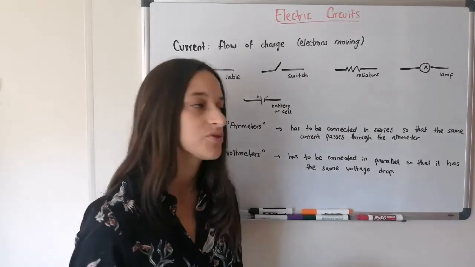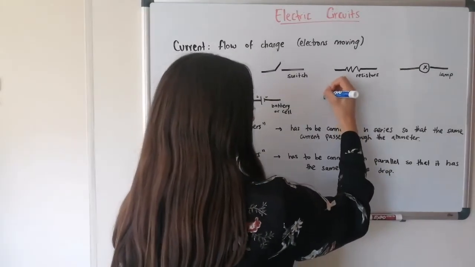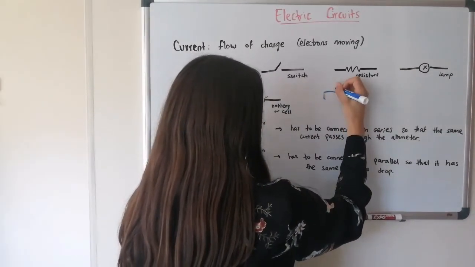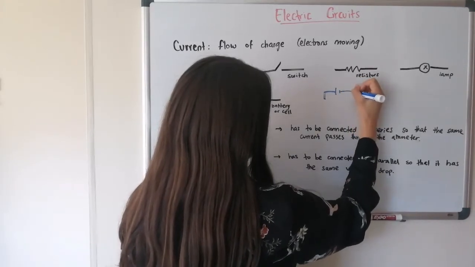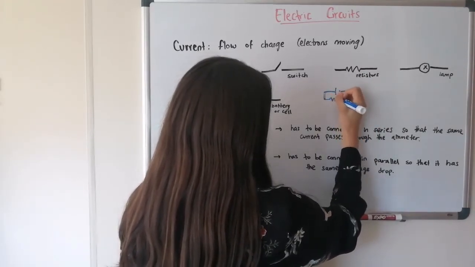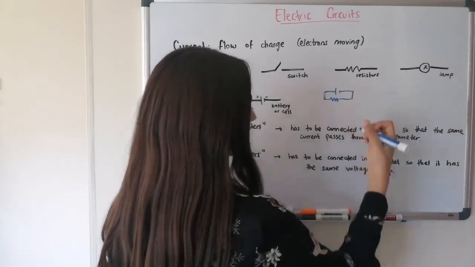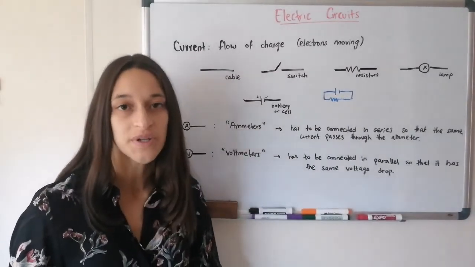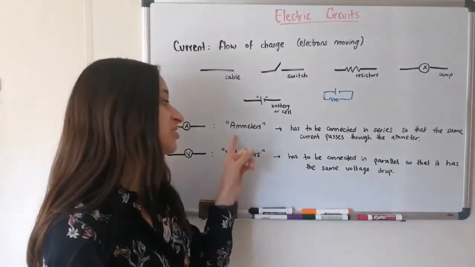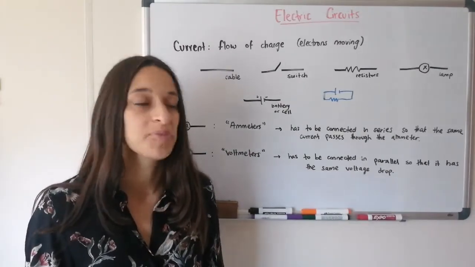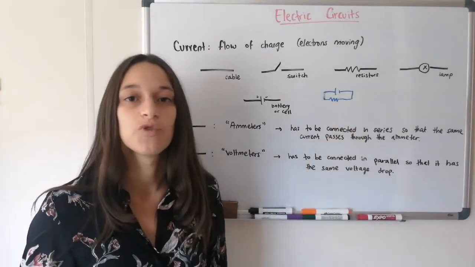So let's do an example. Suppose you have this circuit that is made up of a battery and a resistor. And that's it. And you want to figure out the current flowing through it with an ammeter and the voltage drop in the resistor with a voltmeter.